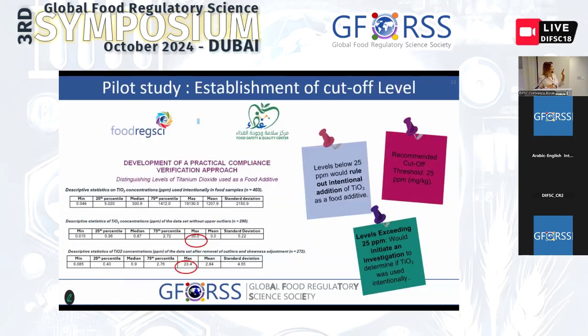Here we present the approach developed by the Food Safety and Quality Center in the Sultanate of Oman. With this approach, we can find the statistical description and distribution of titanium dioxide in food. The cutoff level defined is 25 ppm.